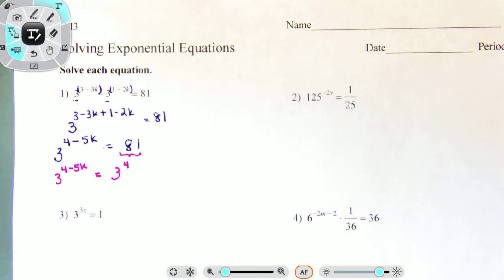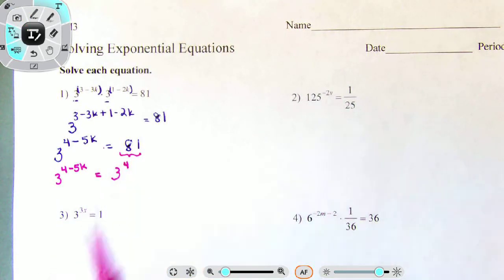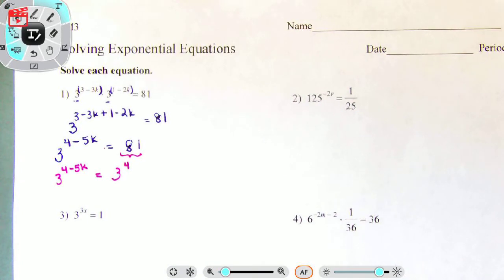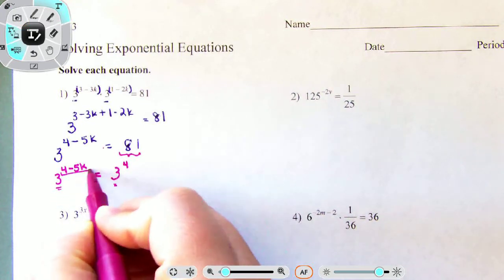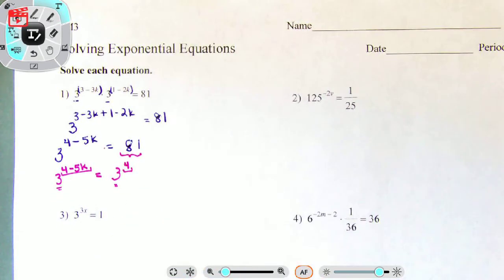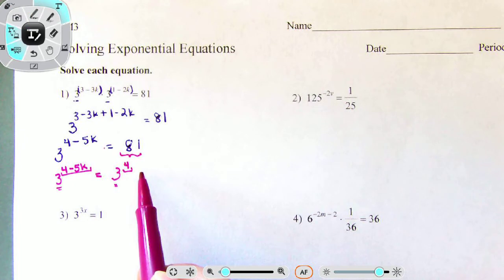Now that you're here, you're going to set the exponents equal to each other. So what's really great with the one-to-one property is that if your bases are the same, your exponents are equal if you have this setup. So you have a base to an exponent is equal to a base to an exponent.